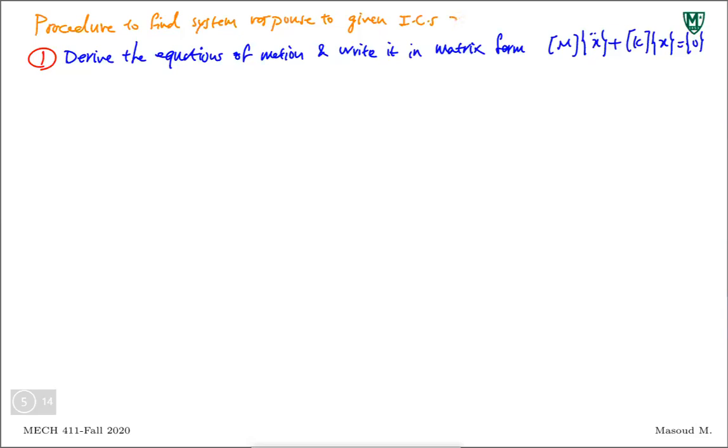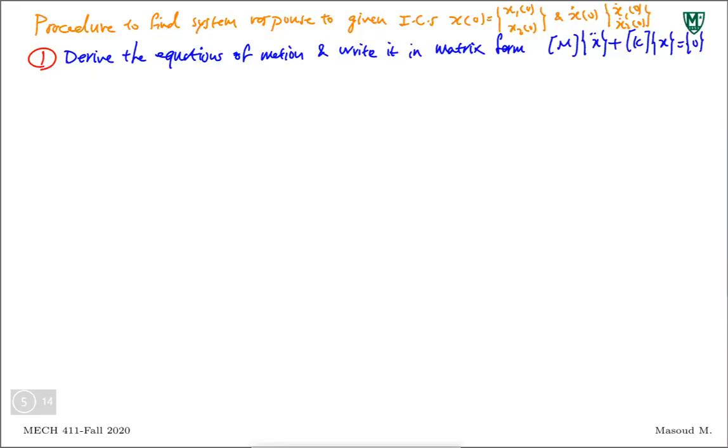So x0 would be x10 and x20 at the beginning, and x dot 0 would be x1 dot 0 and x2 dot 0.